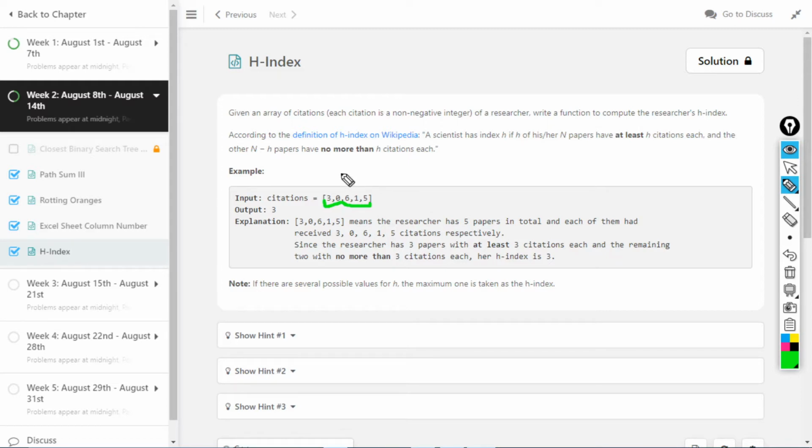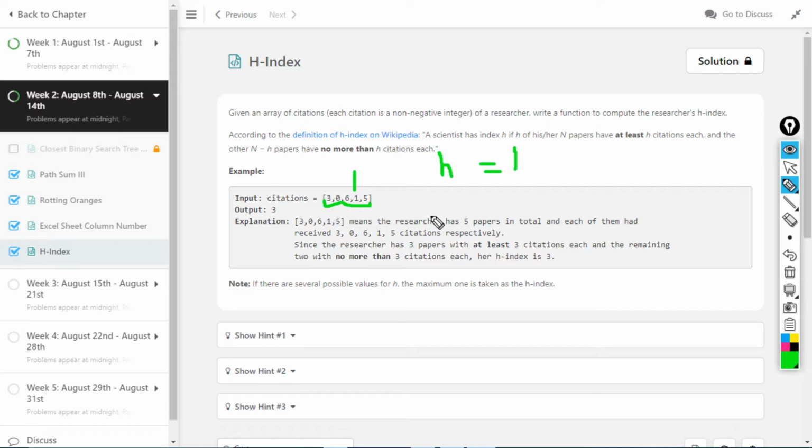We have to check whether a given H index is possible in this case or not. So let's start from 1. In this case, let's consider the H index to be 1.